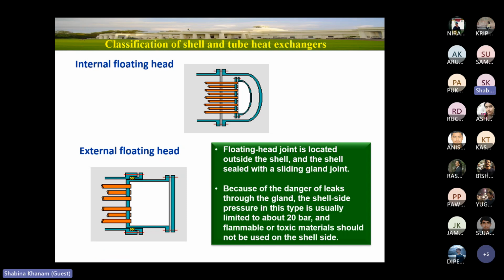If the maximum temperature you are dealing with in a heat exchanger is less than or equal to 90 degrees, you can choose a fixed tube sheet. If you are dealing with more than 90 degrees but the fluid is clean in nature, you can choose U-tube type.